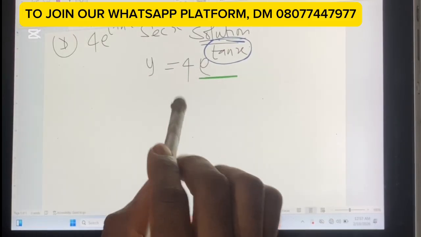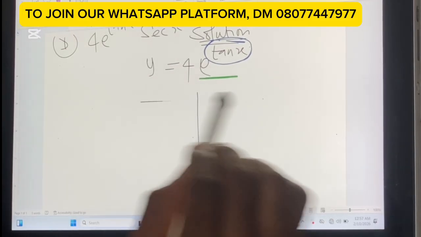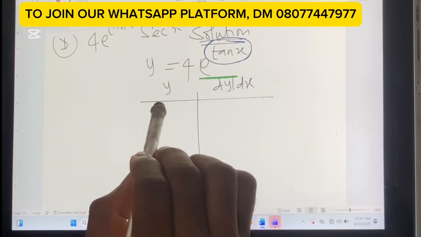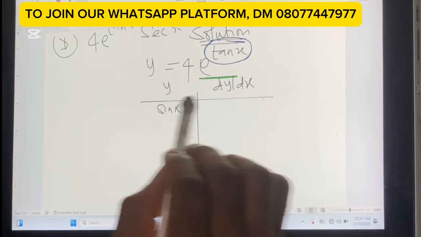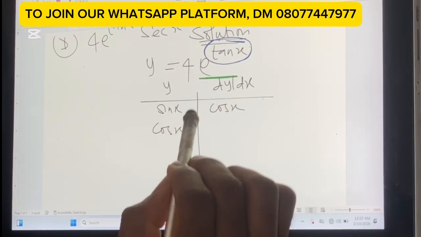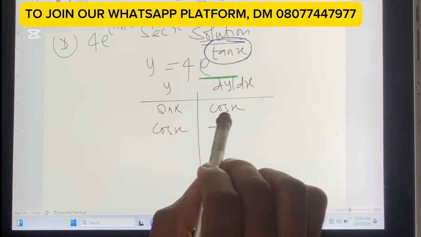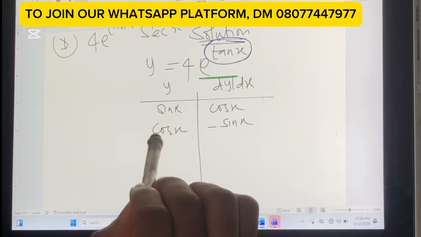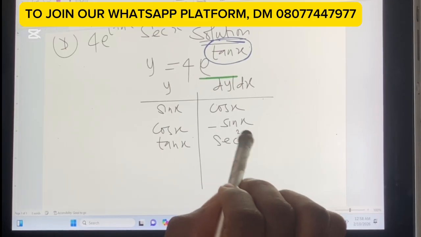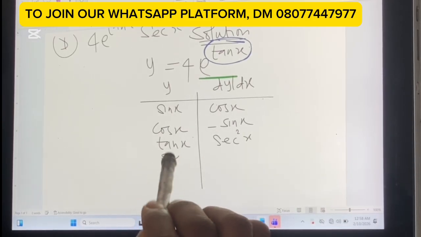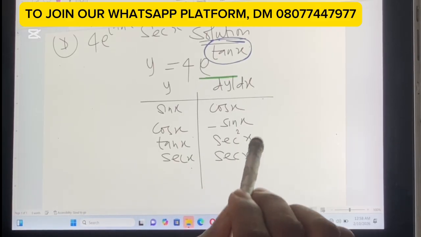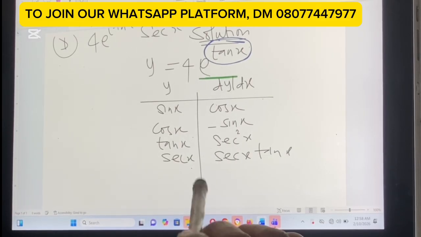If I have a function like this, class, please take note. If I have a function as sine, the dy ds of it will be cos s. If I have cos s, dy ds of it will be minus sine s. If I have tan s, dy ds of it will be sec square s. If I have sec, dy ds of it will be sec s tan s.